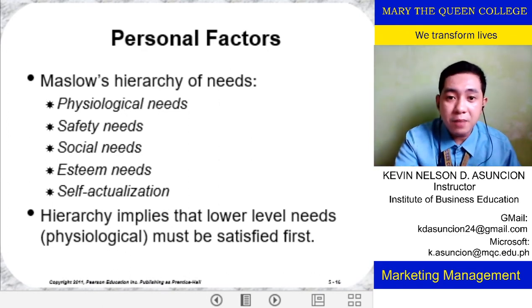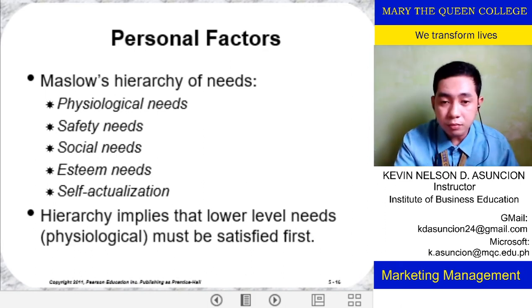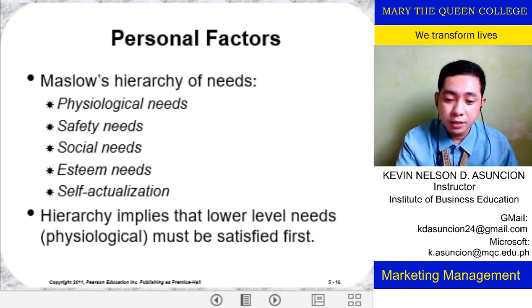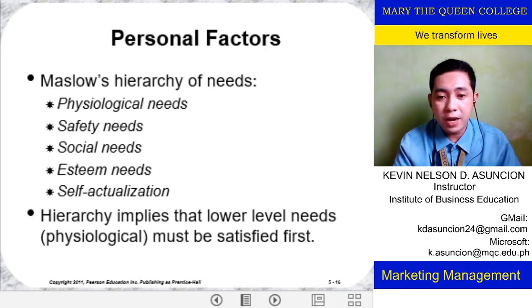Hierarchy implies that lower level needs, physiological first, to be satisfied first, no? That leads us to the comparison wherein what status or what occupation do you have, what income level do you have, because that leads us to the idea of what motivates them.